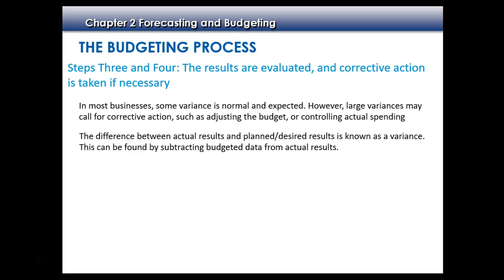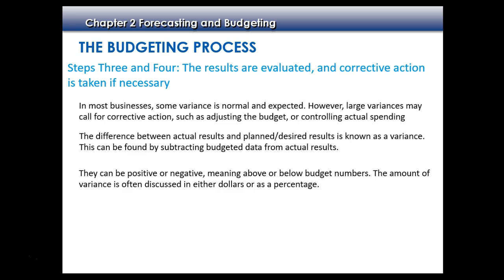The difference between the actual results and the planned results is known as a variance. And I've drilled that into you guys a lot, but that's really important. We want to know that variance. This can be found by subtracting the budgeted data from the actual.